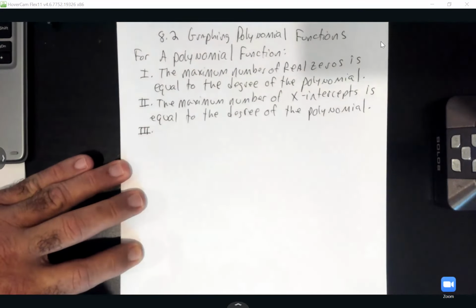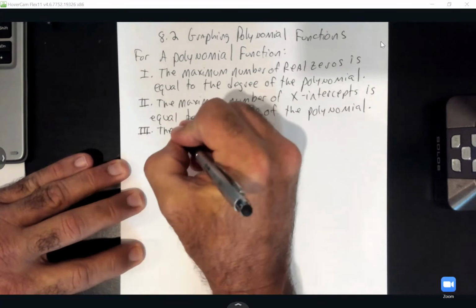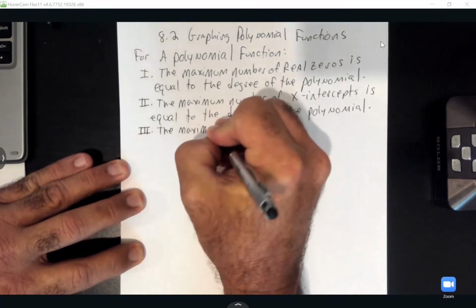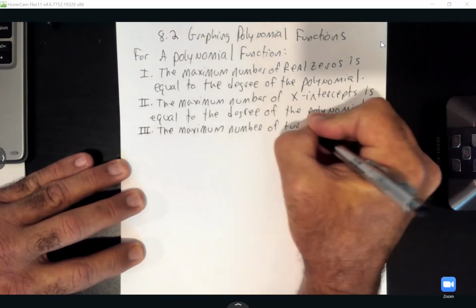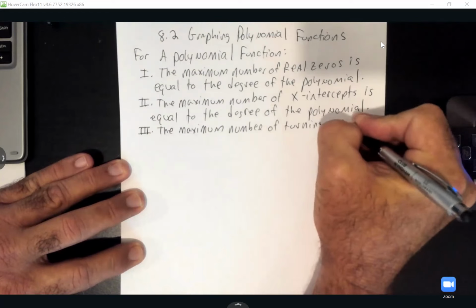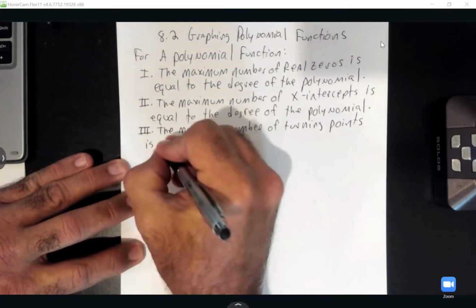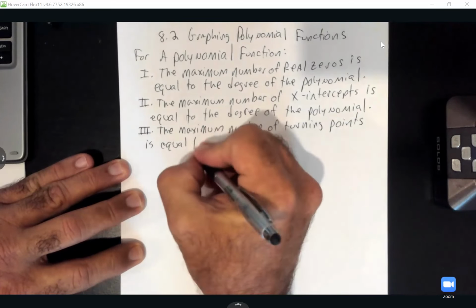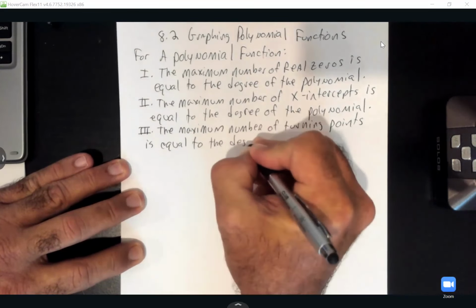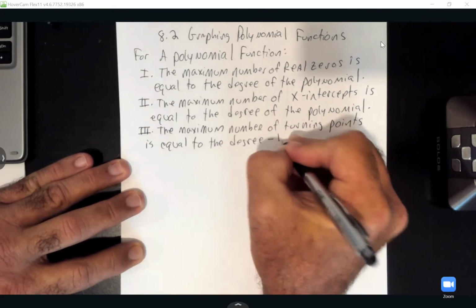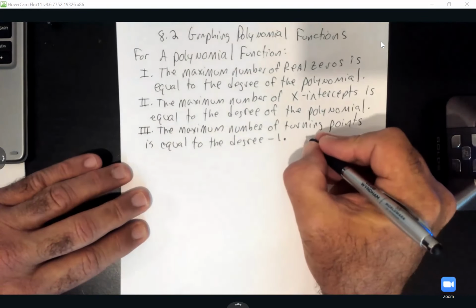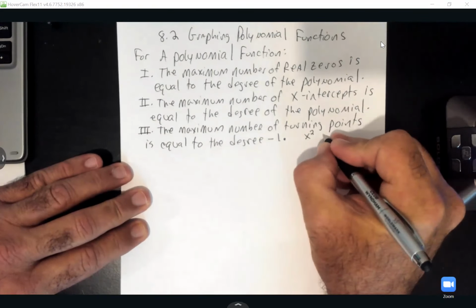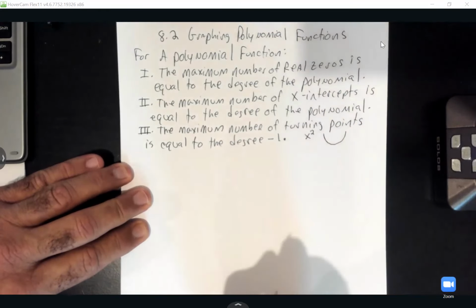Now, the one that's a little bit different is the maximum number of turning points. The maximum number of turning points is equal to the degree minus 1. So when we were looking at the x-squared graphs, they made a nice U-shaped parabola.